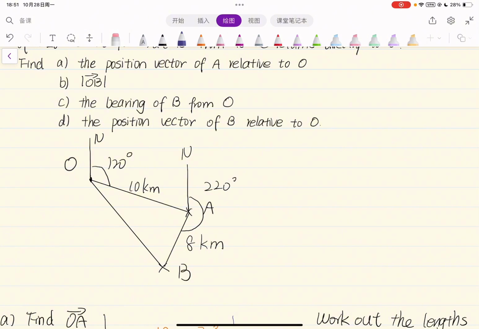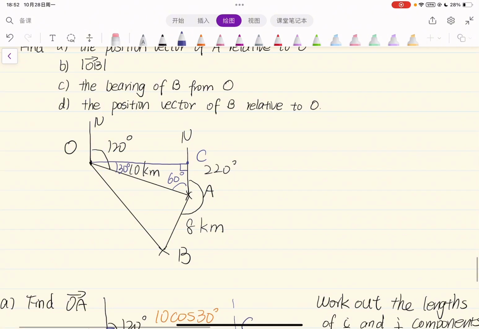Since we drew a right-angled triangle in part A, let's see, this is point C. So COA is 30 degrees, which means CAO should be 60 degrees. Then we can have the value of the angle OAB.